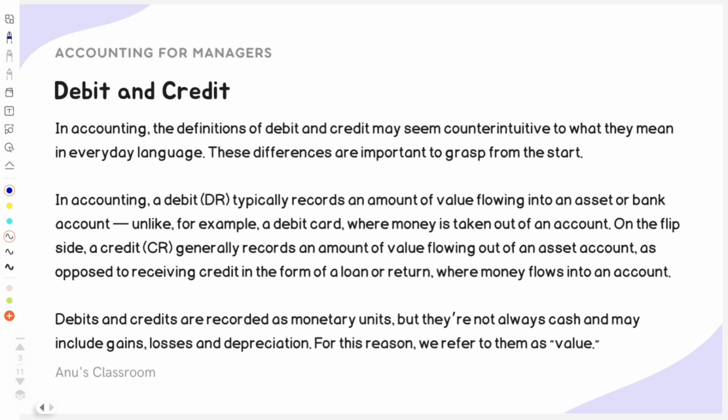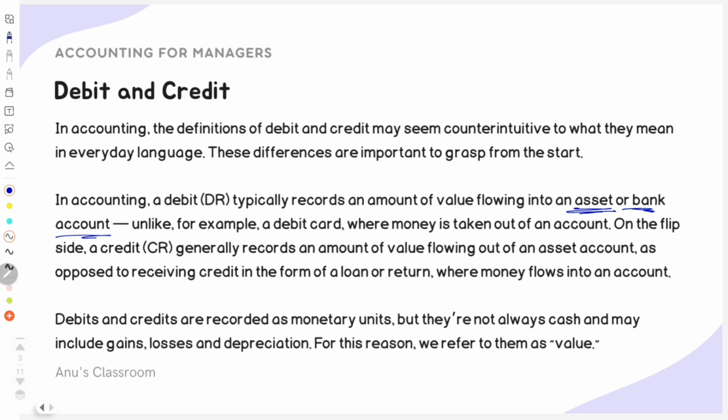In accounting, when we say debit and credit, it is a tiny bit different. In accounting, debit is when some amount of money flows into an asset, or a bank account.